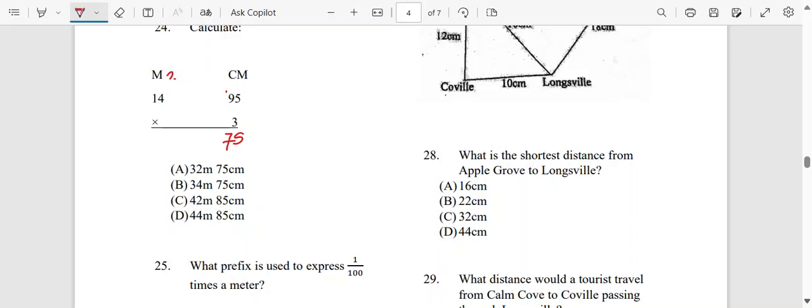We have here 3 times 4 is equal to 12, plus the 2, 14.